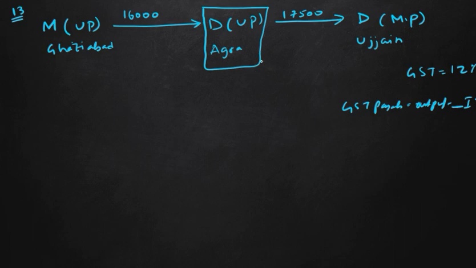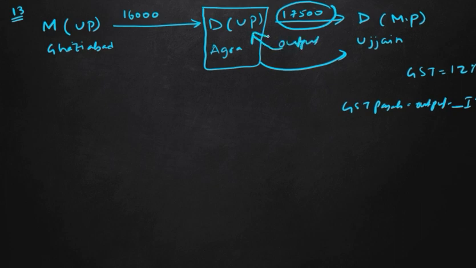Output was the amount collected by selling some item. This dealer has sold the cycle to Ujjain, so the GST collected on this 17,500 will be the output GST for this dealer.